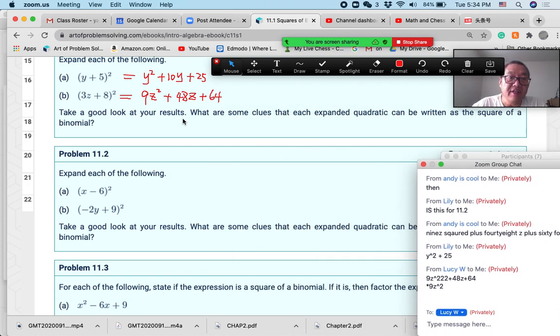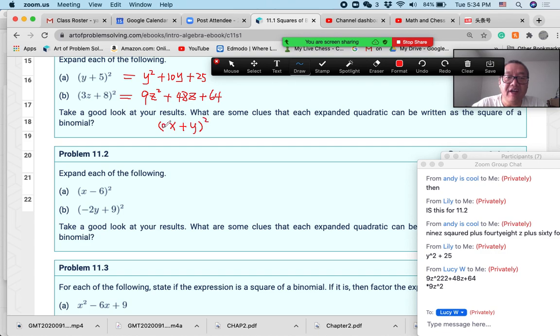So now let's take a look at your result. What are some clues that each expanded quadratic can be written as the square of a binomial? So they try to ask you to find this formula like x plus y squared.